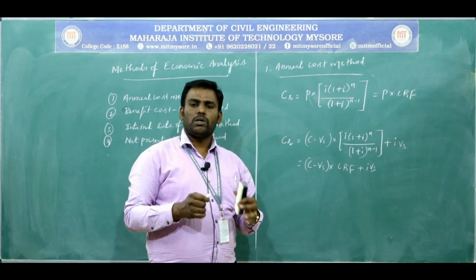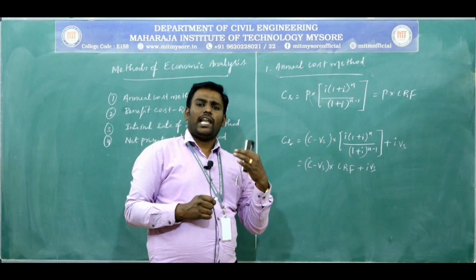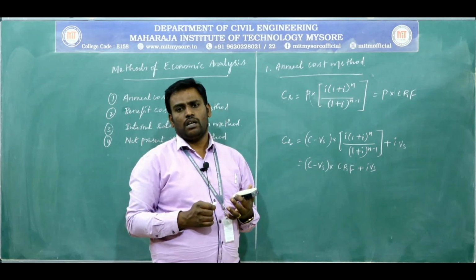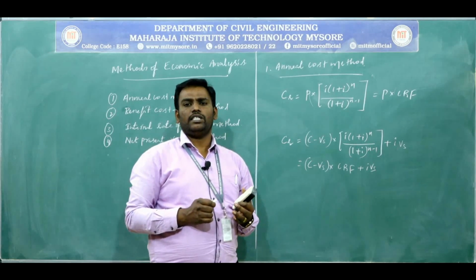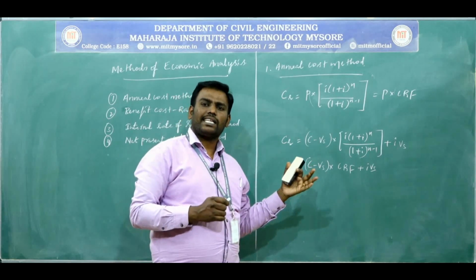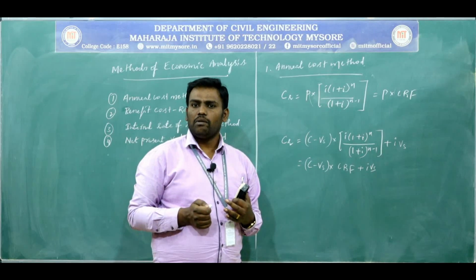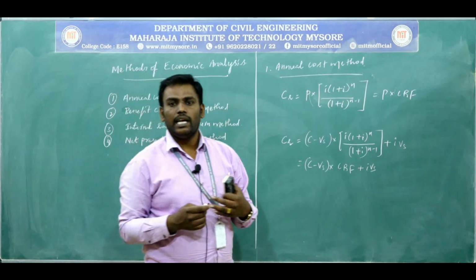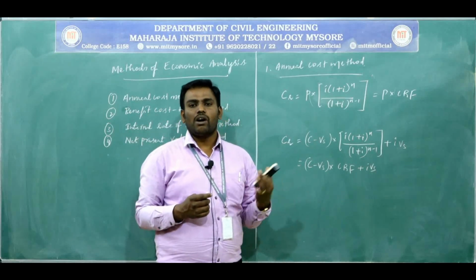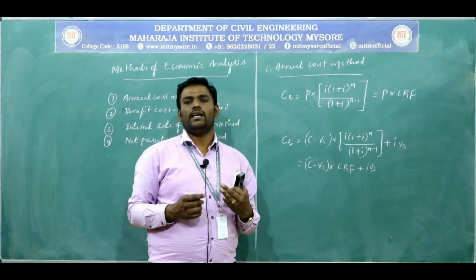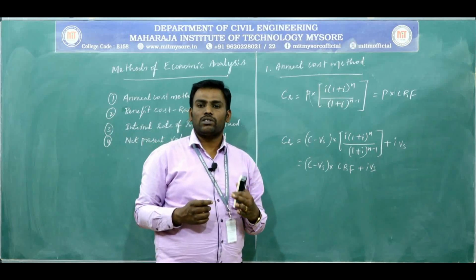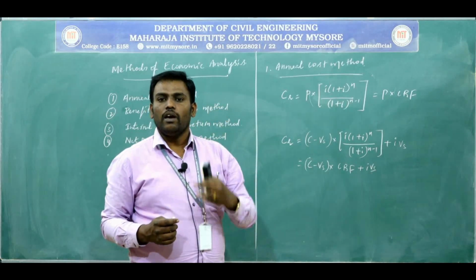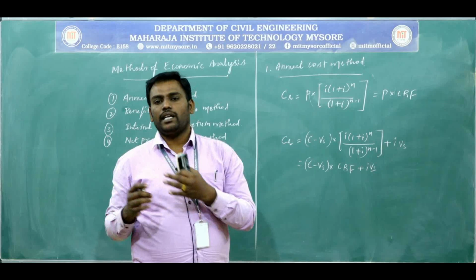Is it clear? Usually the annual cost for each element will be calculated separately. Then the total annual cost will be obtained by summing the annual cost of all the elements with the annual maintenance cost.